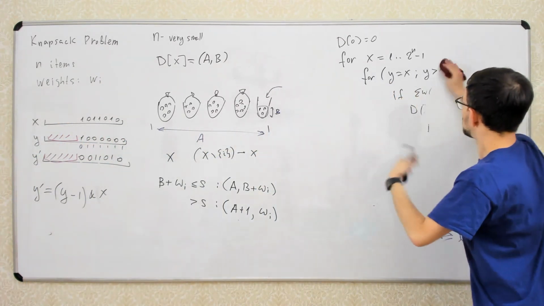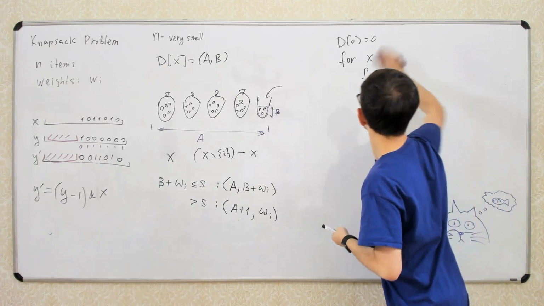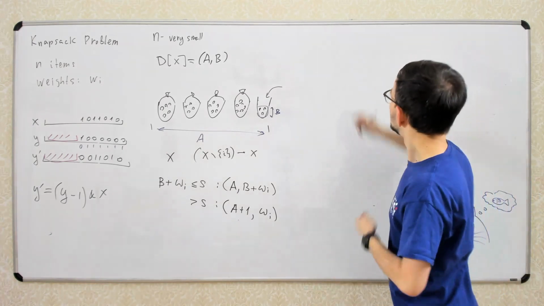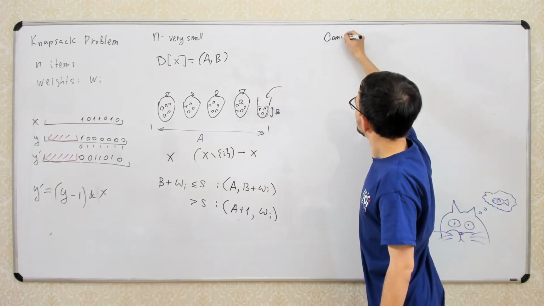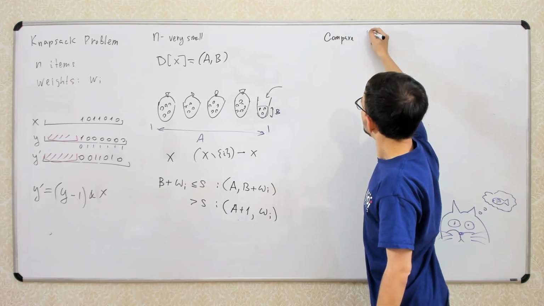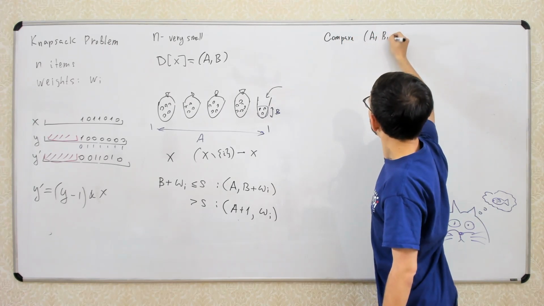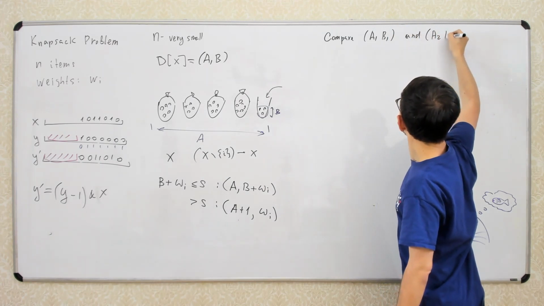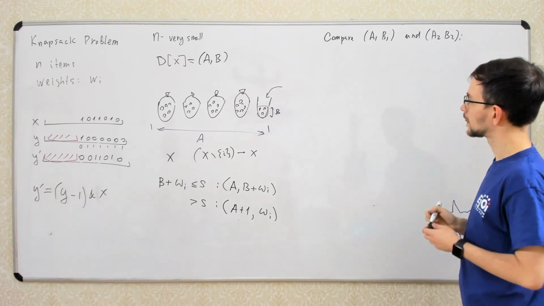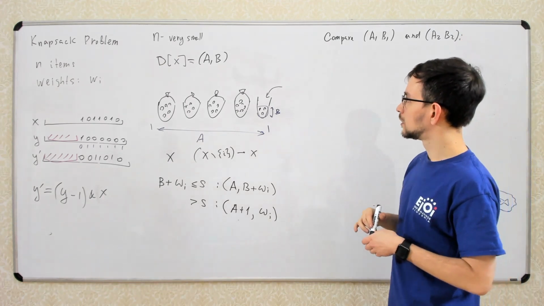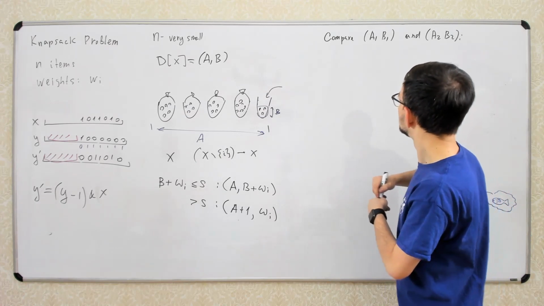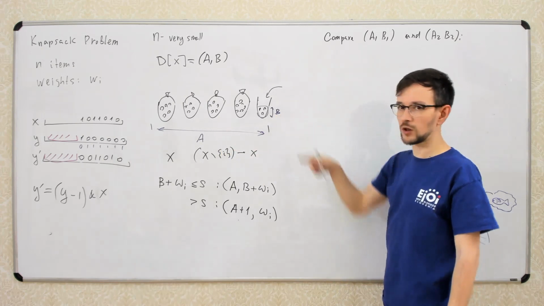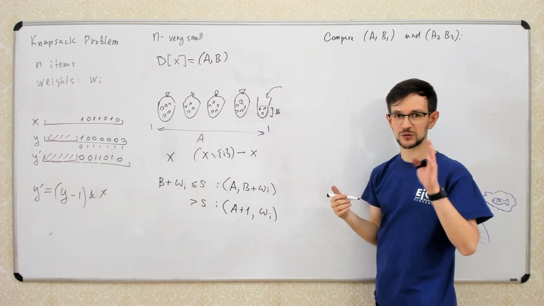Let's see what it means that we have a better situation. How do we compare two situations, A1 B1 and A2 B2? Simple case: if we have a smaller number of knapsacks and a smaller amount in the last knapsack, then it's absolutely a better situation.